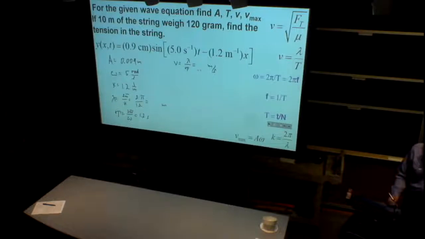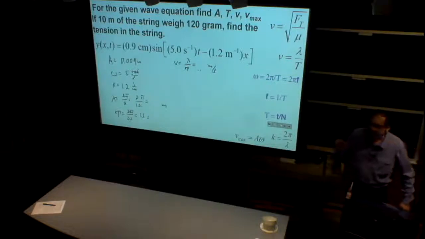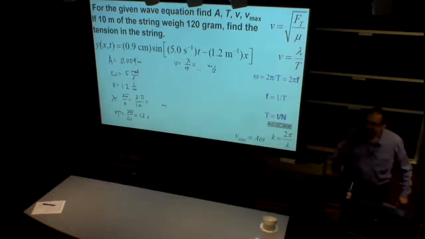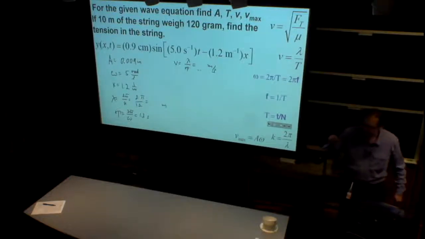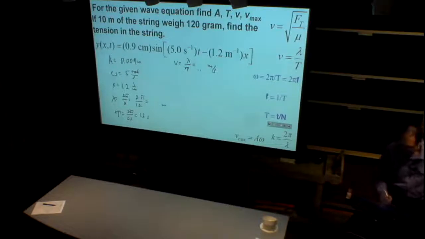But we also have another type of speed. We know that every individual particle inside this wave oscillates. And if it oscillates, it stops momentarily, then speeds up, reaches maximum speed, slows down, stops again. So there is a maximum speed for each individual particle.